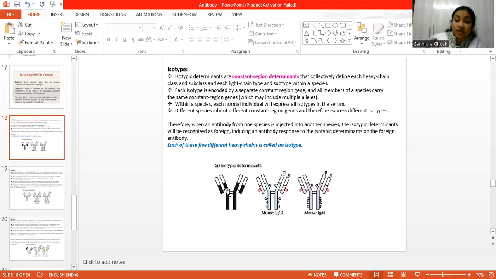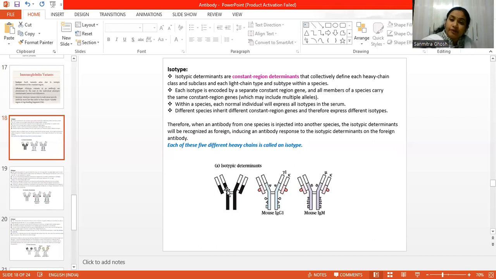So these constant region determinants, that means the C gene segment, can be either gamma, alpha, mu, delta, or epsilon. And each and every one of these constant regions, that is C gamma, C delta, C epsilon, and so on, is encoded by separate constant region genes.